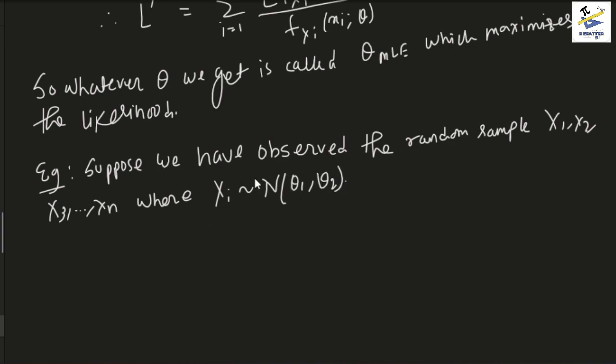We have observed the random sample x1, x2, all the way up to xn, and suppose the xi's belong to a normal distribution of theta 1 comma theta 2. What we need to do here is find the estimators for theta 1 and theta 2, and we also need to find the maximum likelihood estimates.